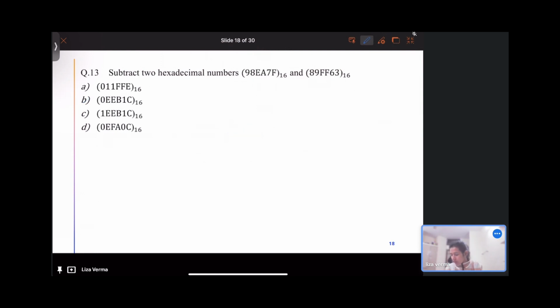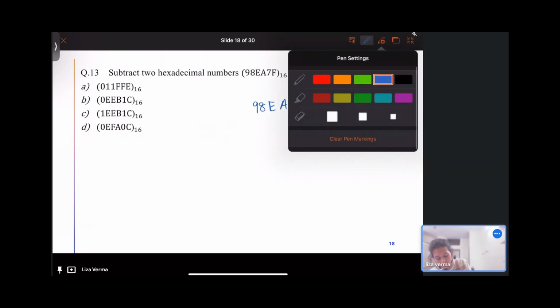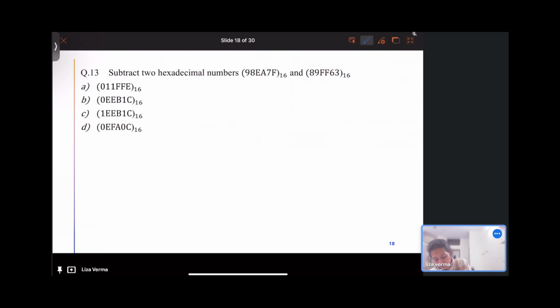Next question. Subtract the two hexadecimal numbers. Let's try subtracting the two hexadecimal numbers. 9 8 E A 7 F and 8 9 F F 6 3.